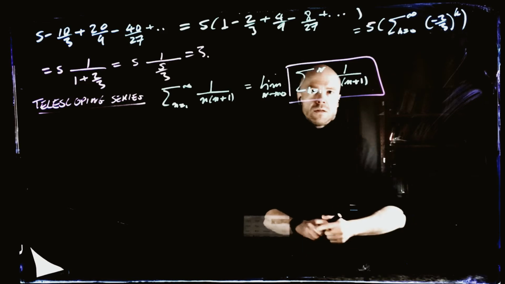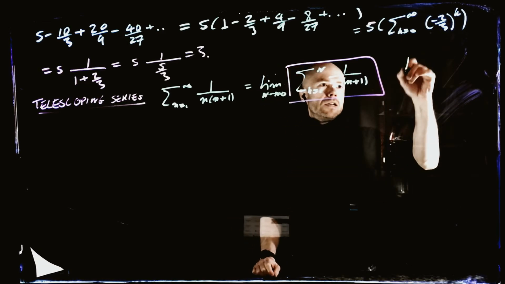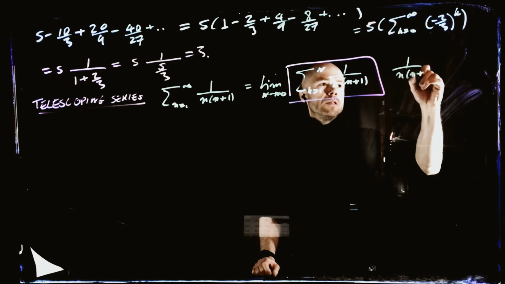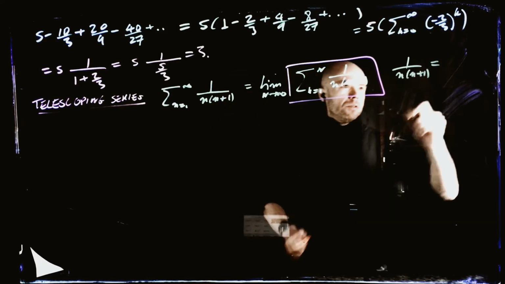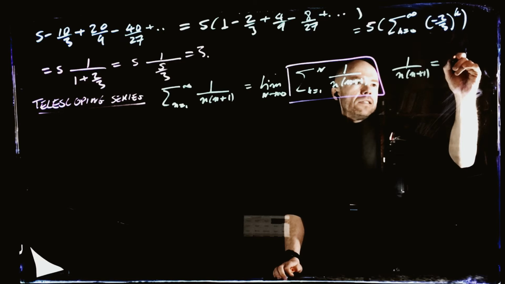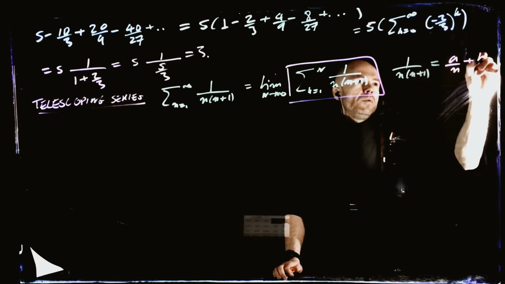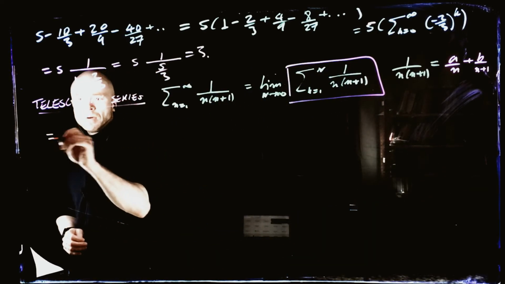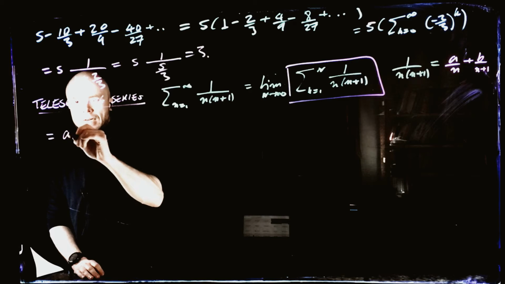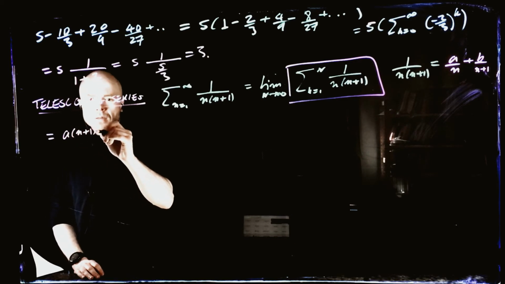And if we look at this 1 over n times n plus 1, then we should be able to write this as a over n plus b over n plus 1 for the right choice of a and b, just from the same kind of stuff as we learned in partial fractions. So to figure this out, let's make a common denominator.